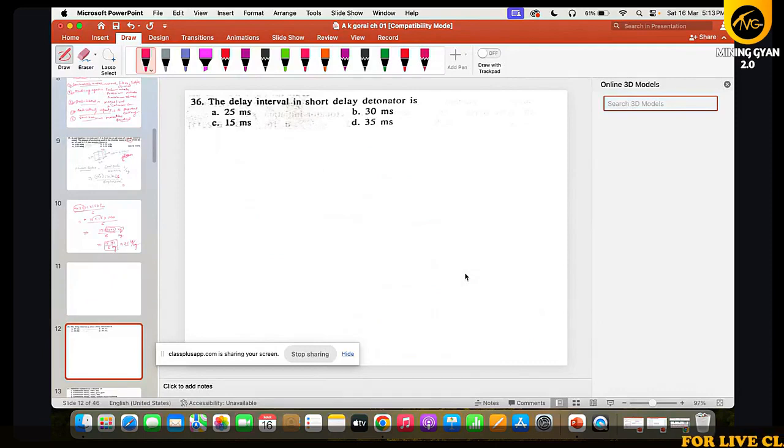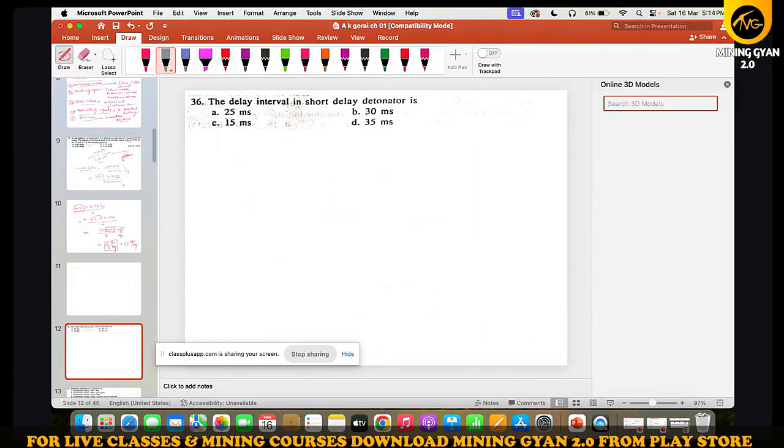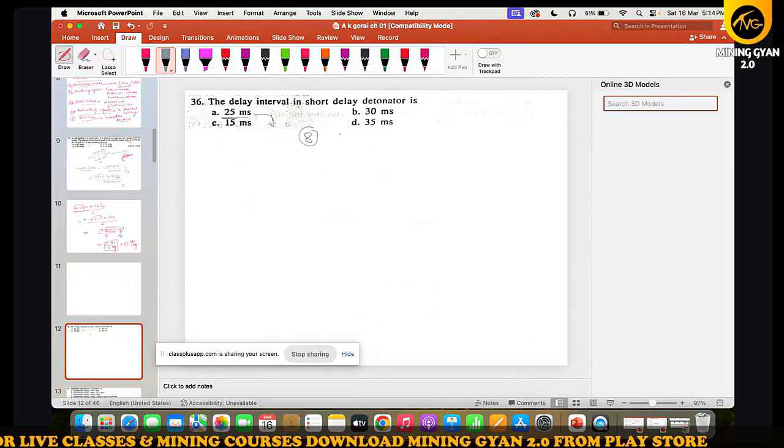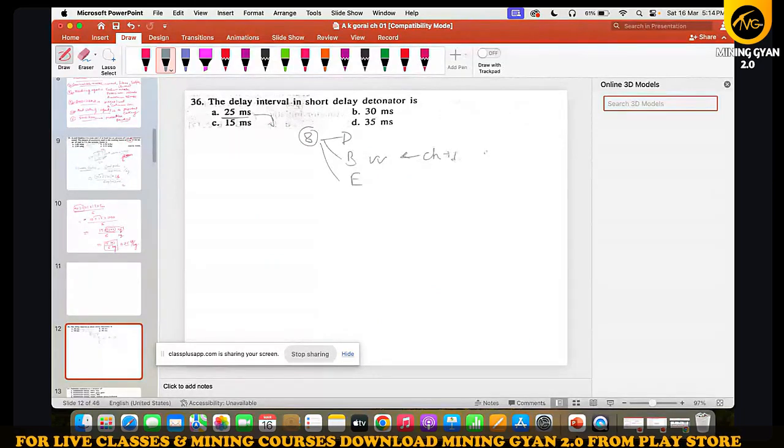The delay interval is the short. Ravinder ji, if they give us the diameter of the hole, then we will find out; this type of example we will definitely solve. If the diameter is given, we will find out the volume of that hole and multiply with the number of drill holes, and we will find out. Yeah, look, I told you, you should go and read chapter 8, because in that chapter they have mentioned drilling, blasting and explosive, and we already covered in our chapter 1 of AK Gorai.